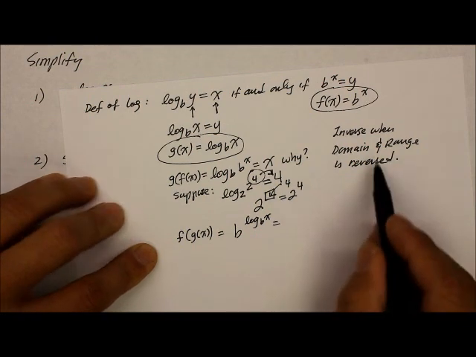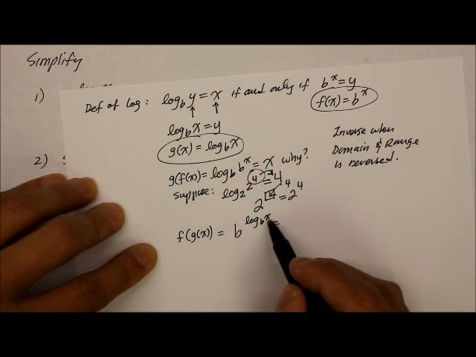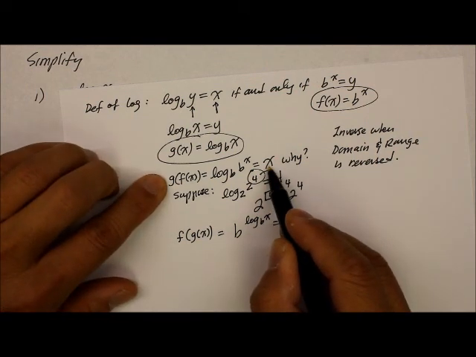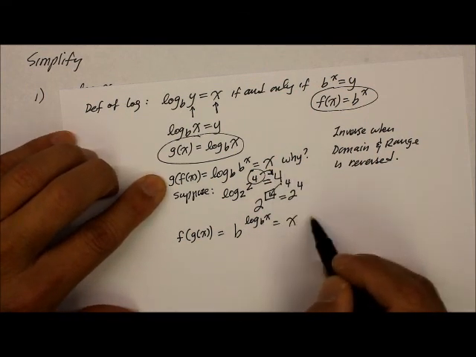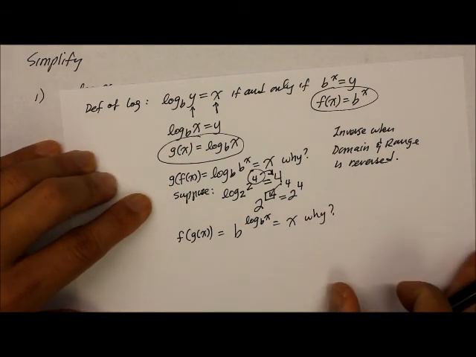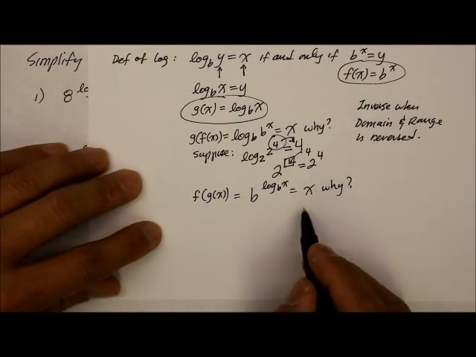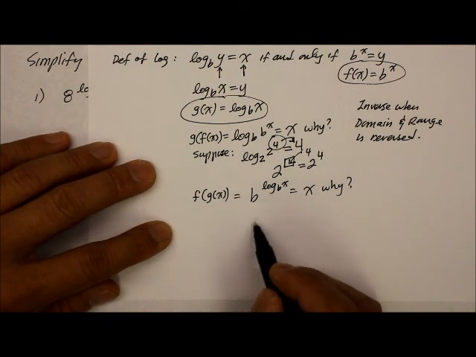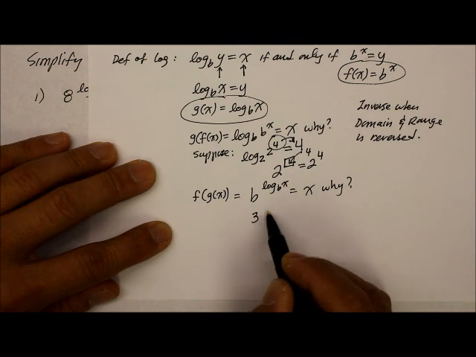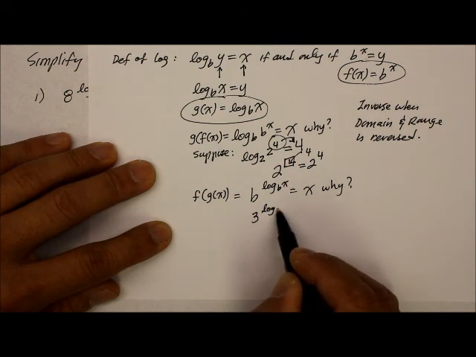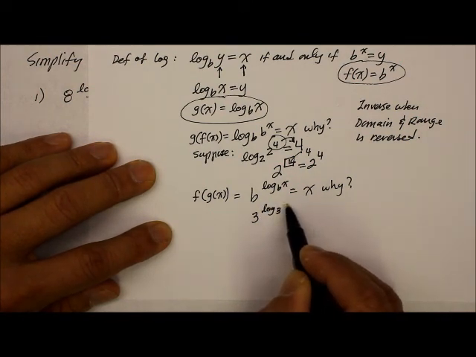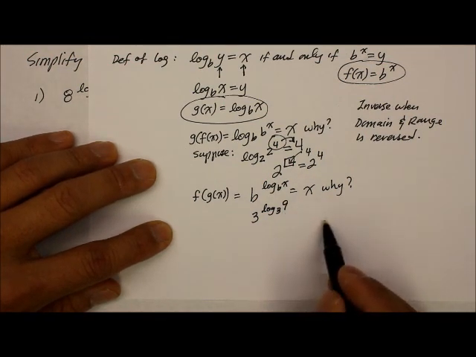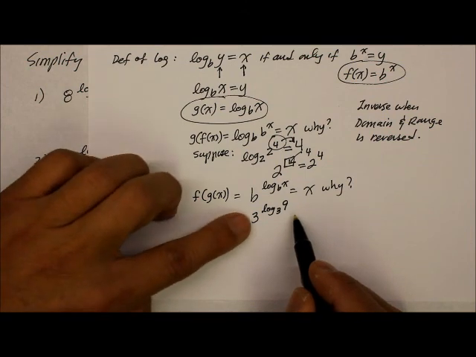And according to this statement, the x should come out by itself at the end, just like when it was g of f of x. And why is that? You cry out, why? Show me the proof. So, how about this time I say, instead of b, 3 raised to log base 3 of, say, 9. So that the answer will be 9 at the end. So let me demonstrate that one for you.